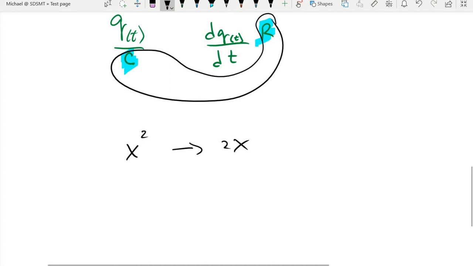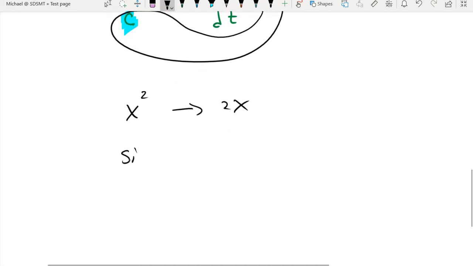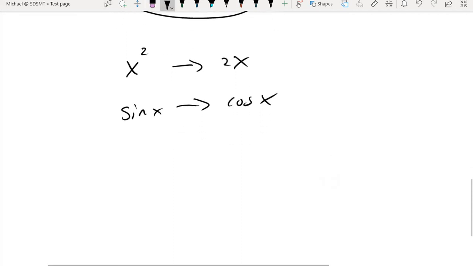Those are not scalar multiples of each other. Those are not like terms. Maybe you try a trig function. Well, sine and cosine are not like terms. Then you try maybe exponential, and the derivative of e to the x is e to the x. And you're like, oh, that works.